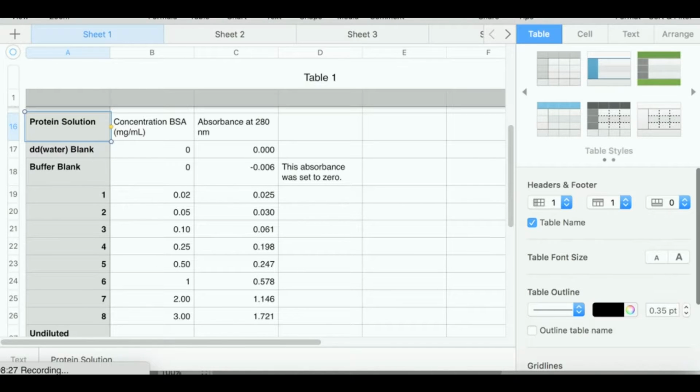So what I'm going to do is get concentrations of BSA, and the concentrations are going to be as follows. The first sample is going to be 0.02 milligrams per milliliter. The next one's going to be 0.05 milligrams per milliliter. And I'm going to go all the way up and make all of these concentrations, okay? That's something that ultimately you will do using the dilution equation, and that's explained in another video, all right?